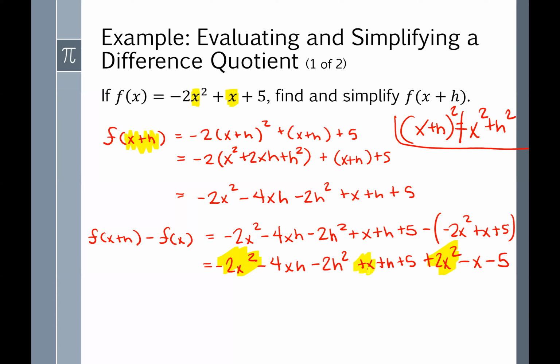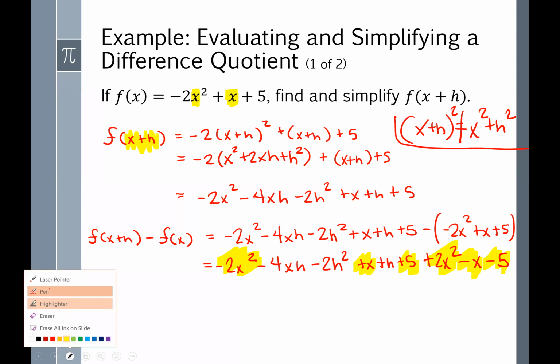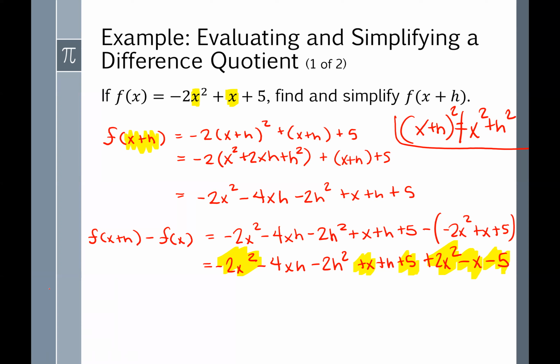I have plus x and minus x, which is 0. 5 minus 5 is 0. So what am I left with here? I am left with negative 4xh minus 2h squared plus h.